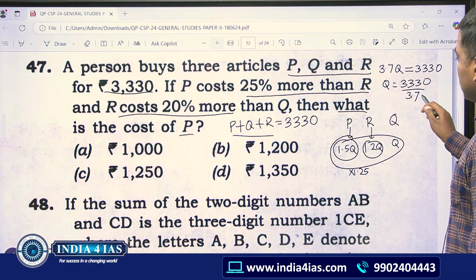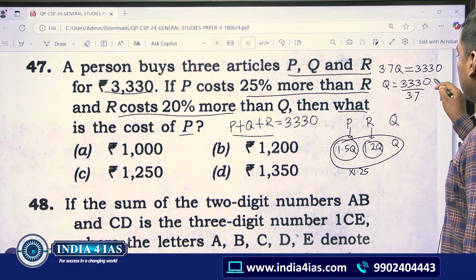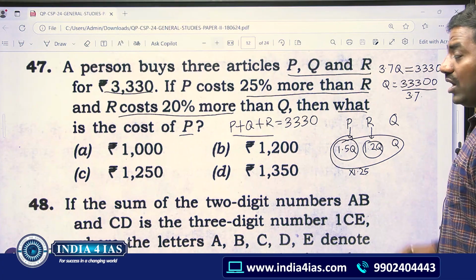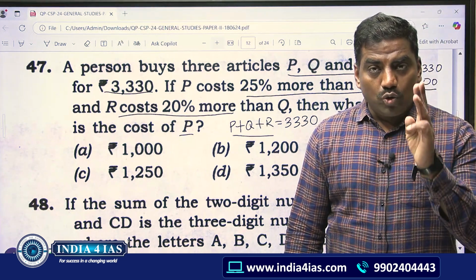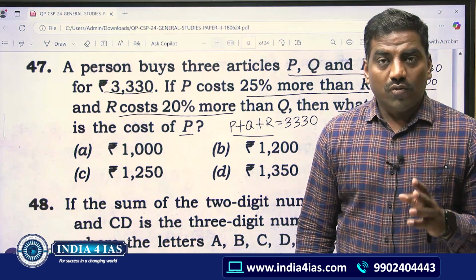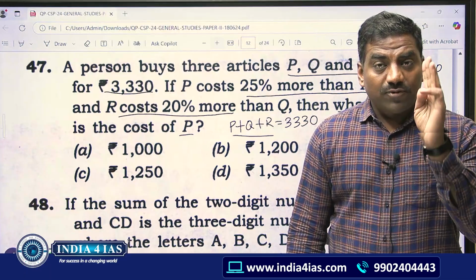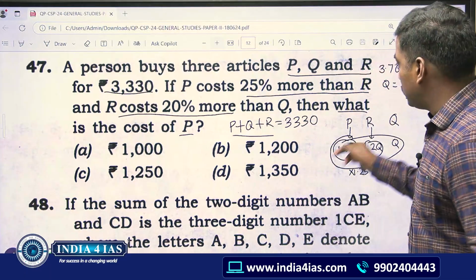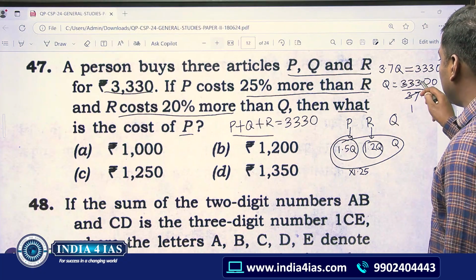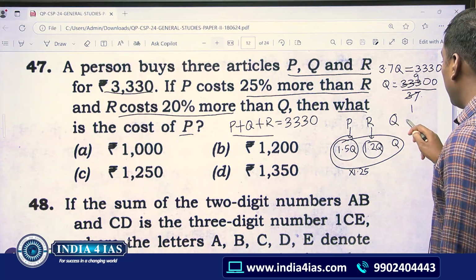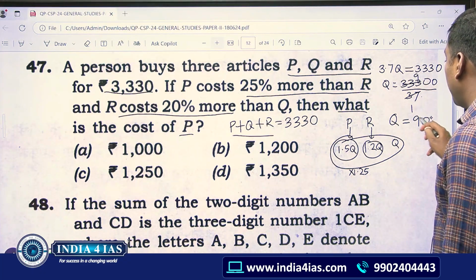If I put this point here, then 0 will come here. Already we have seen that the number having the pattern 111, 222, 333, so when a particular digit repeats three times, that number is divisible by 37. That already we know, 37 ones are 111 and 37 nines are 333. So Q is equal to 900.